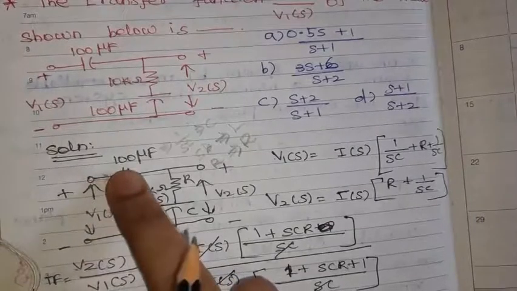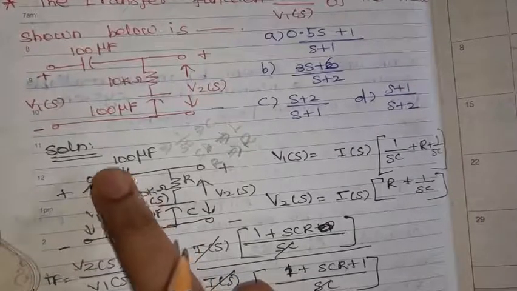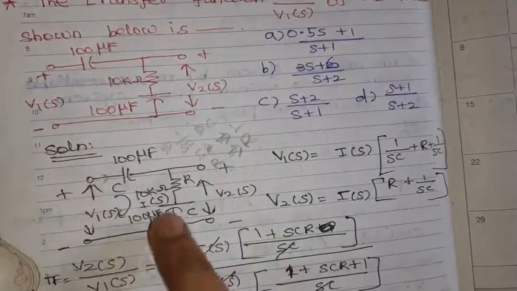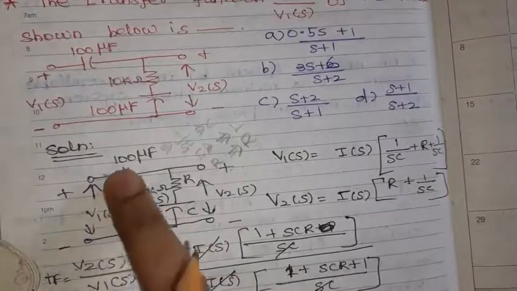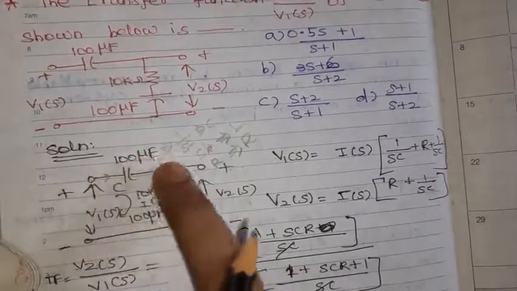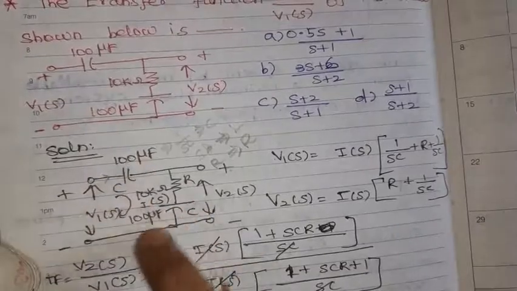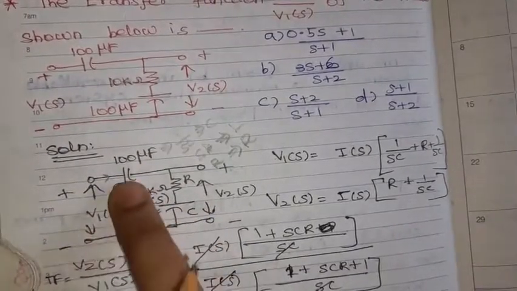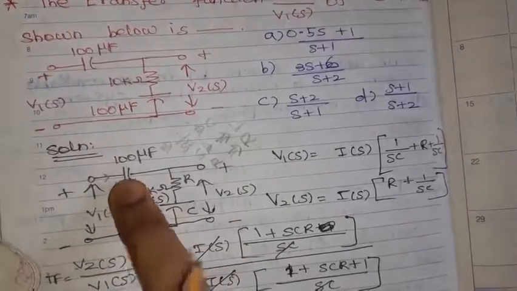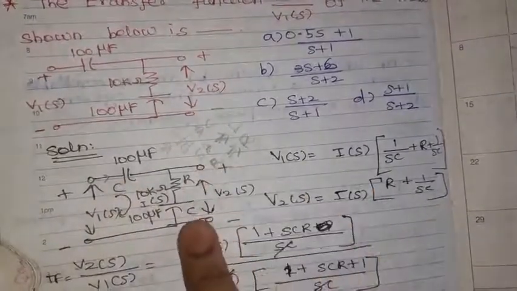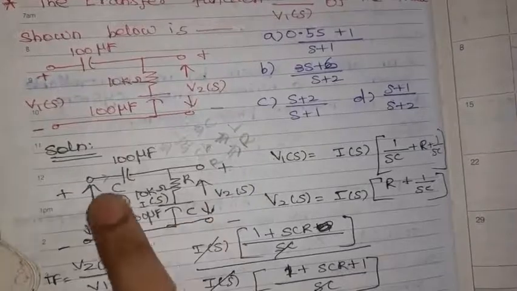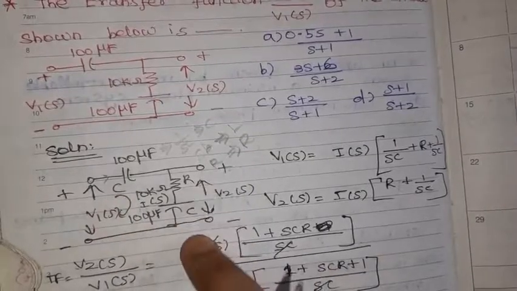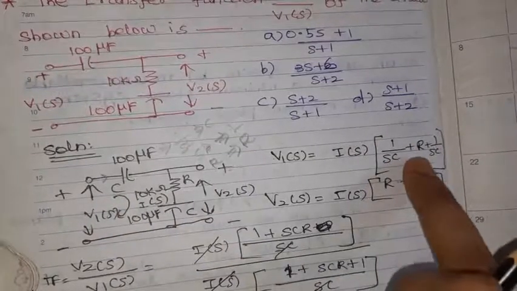I of S flows through this closed circuit. So V1 of S is equal to I of S into (1 by SC plus R plus 1 by SC).